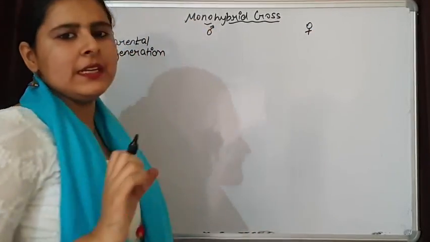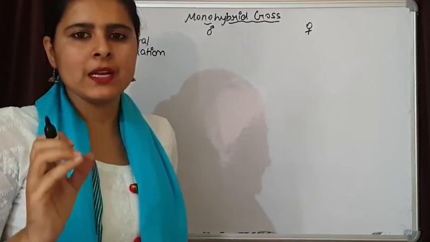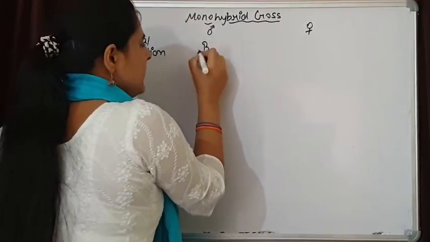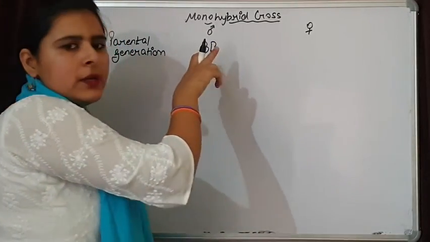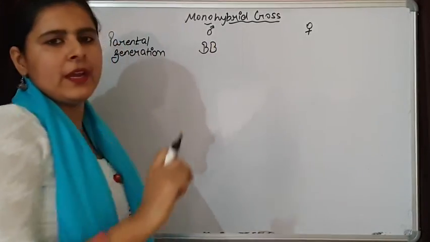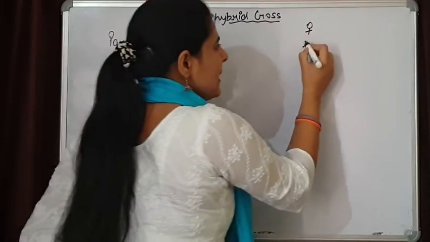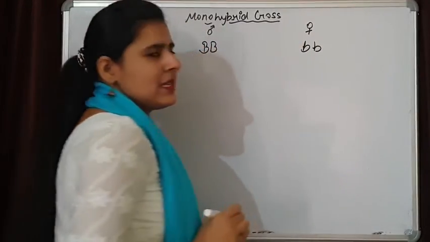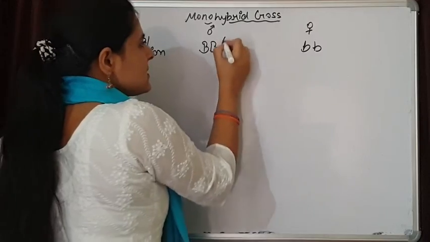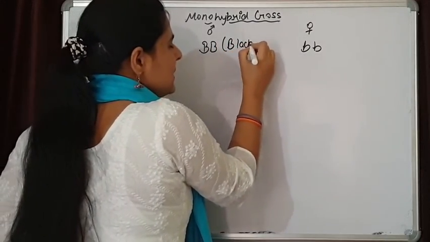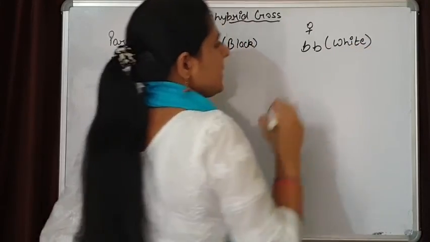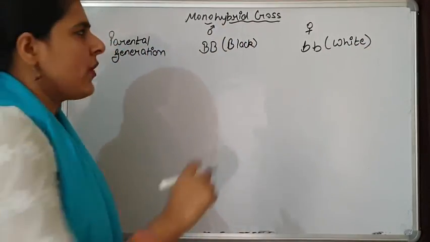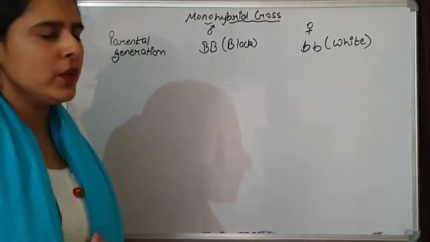In males, we are generally taking pure black color. Pure line means both the same factors are present. In females we are taking the recessive character, so the male is pure black in color and the female is pure white in color. These are the parents of our monohybrid cross.